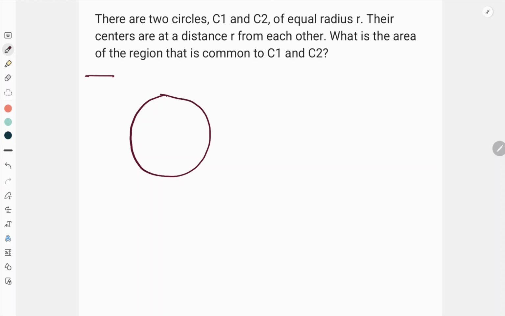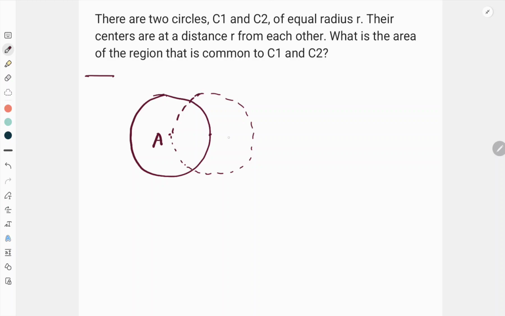So I have two circles here, circle 1 with a center, and circle 2 is also of radius r, and its distance from the center of circle 1 is also r. So its center is somewhere on this circumference, and this circle 2, I'm drawing it as a dotted circle, is basically going to pass through the center of circle 1.